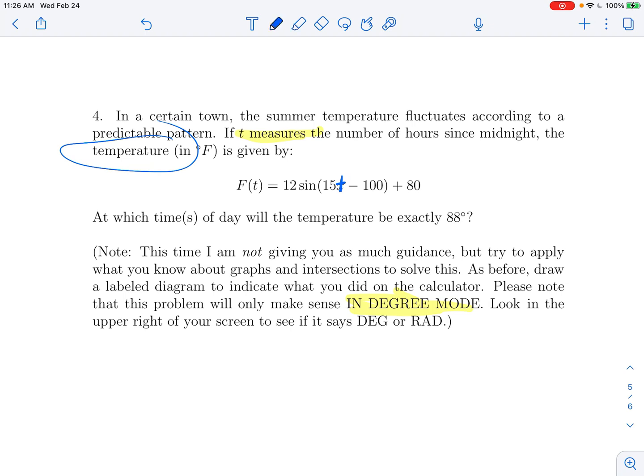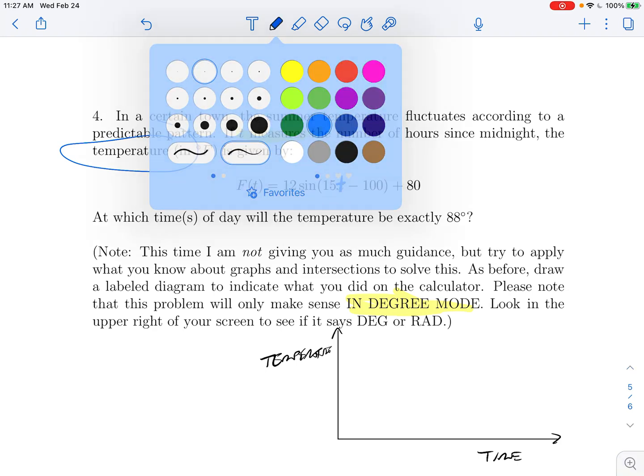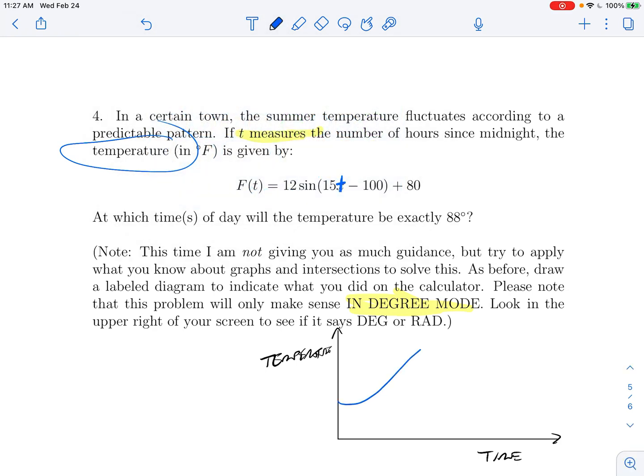So I'm going to draw my graph here. So this is measuring time. This is measuring temperature. F looks kind of like so. When you graph a sine function, you get wavy stuff like this.